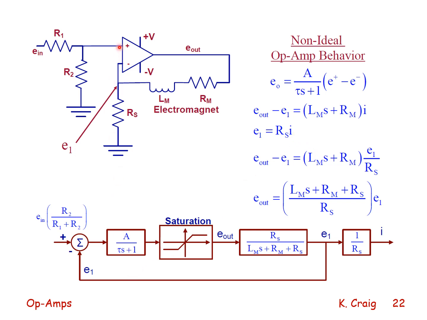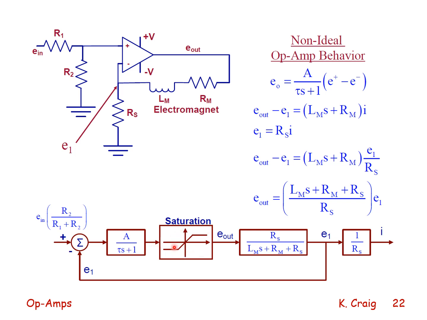Then this voltage here, E plus, which is E in times the voltage divider ratio, minus the inverting input, which is E1, times my non-ideal op-amp transfer function, A over tau s plus 1.